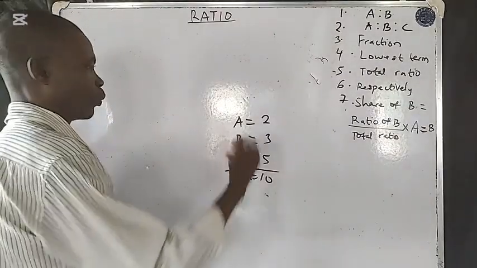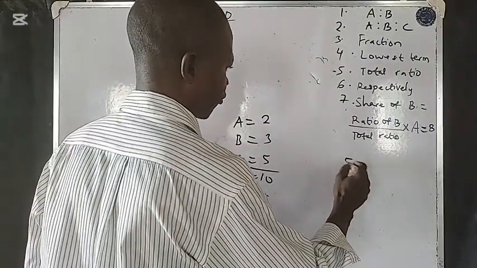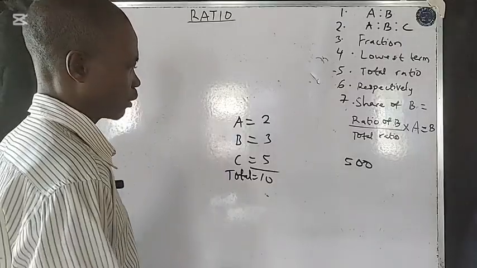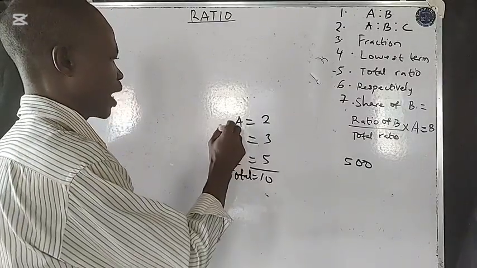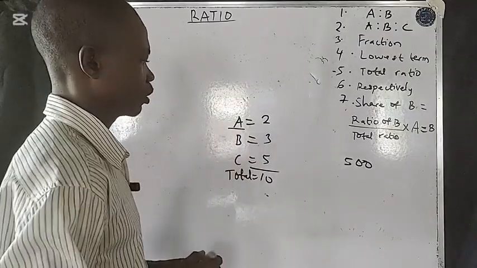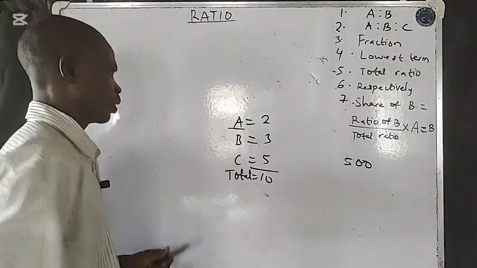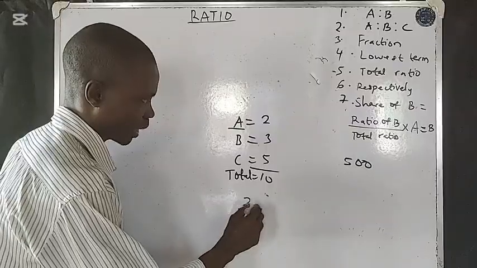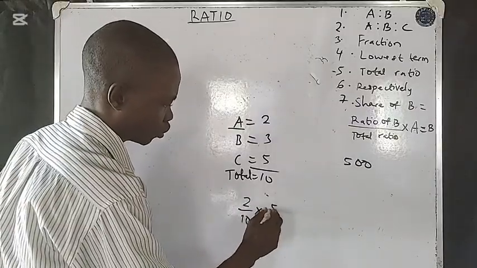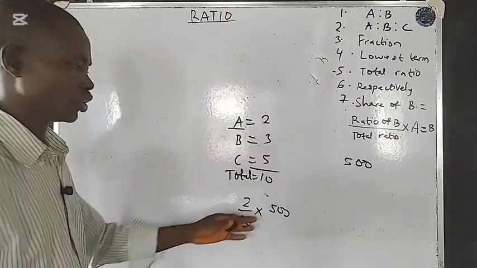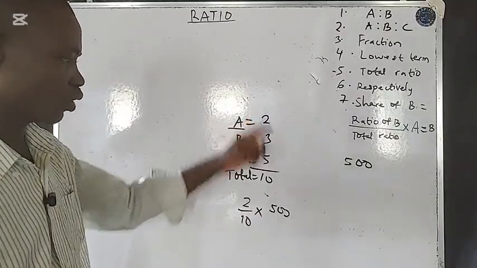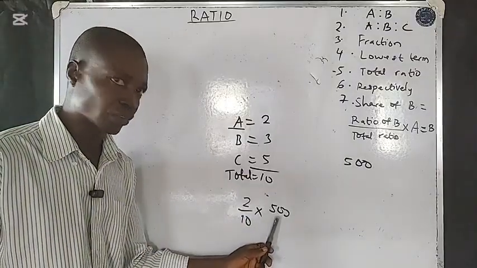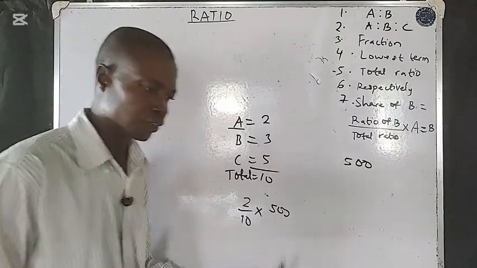Now, if these 3 people are to share 500 naira, the formula to find the share of Mr. A is the ratio of Mr. A over total ratio multiplied by the total amount to be shared.